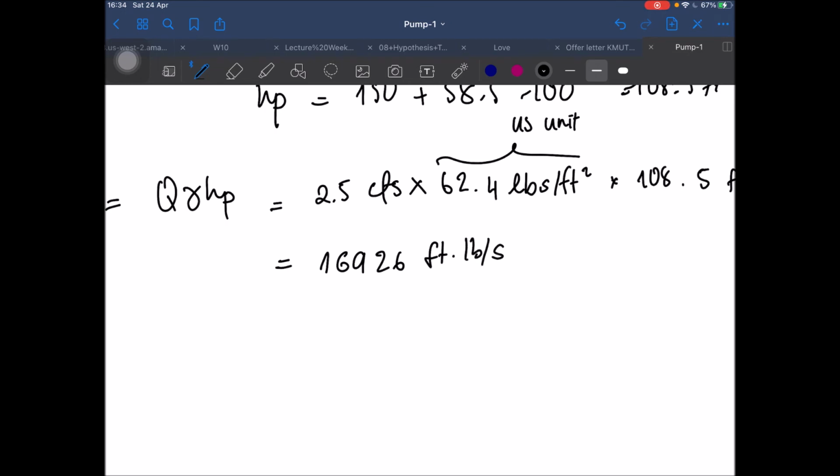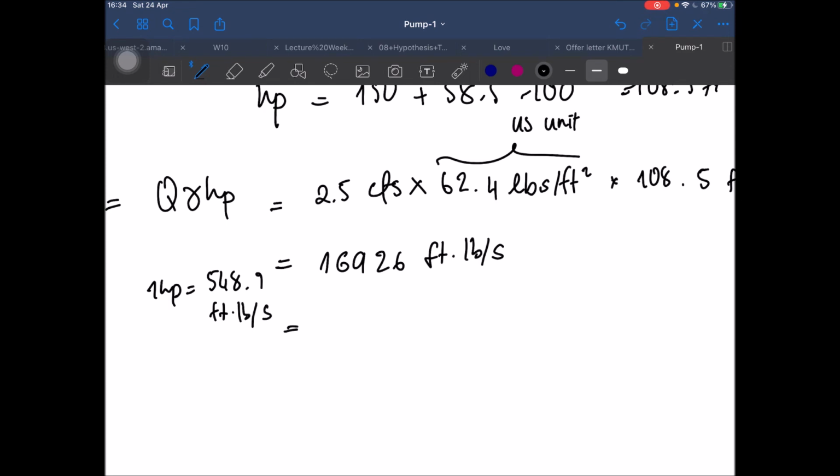And then we convert this to horsepower. Wait a second. So 1 horsepower equals 547 feet pound per second.